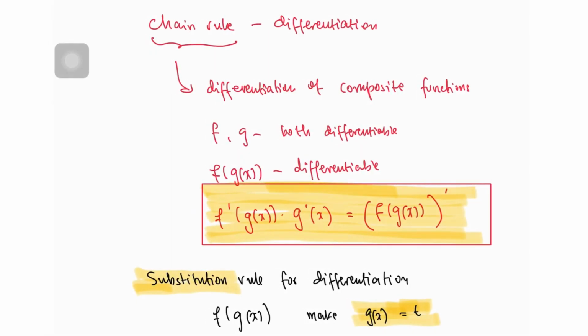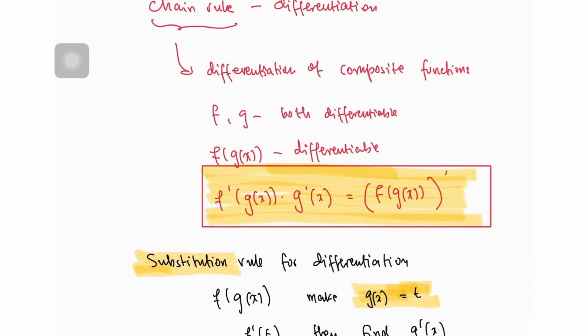So in this video we are going to investigate more about the chain rule and differentiation of composite functions. Here I already have written some basic facts regarding the formula for the differentiation.